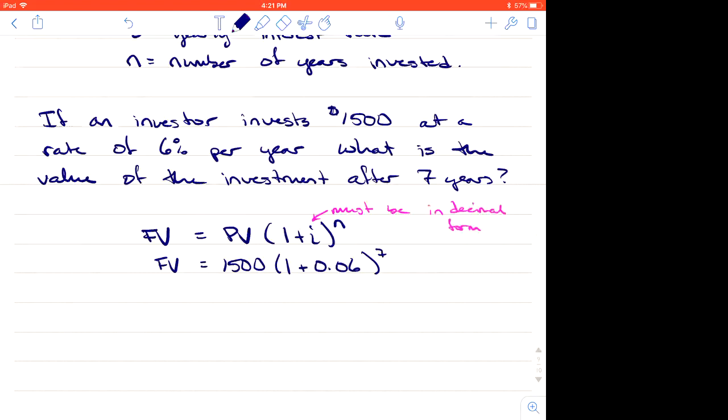Okay. So now, BEDMAS applies, right? We have brackets, so we start inside the brackets, and then we deal with the exponent after, right? Brackets, exponents, division, multiplication, all that fun stuff. So we leave the 1,500 on the outside, and we simplify inside the brackets to get 1.06 to the power of 7, right? 1 plus 0.06.